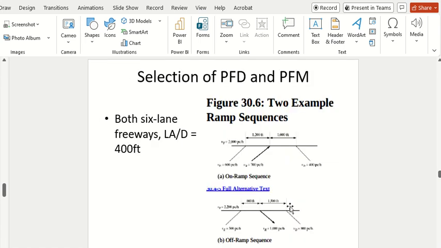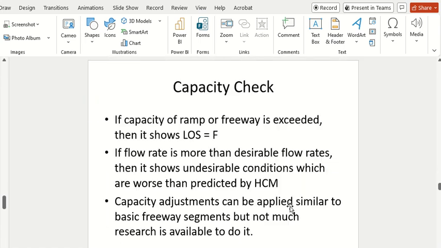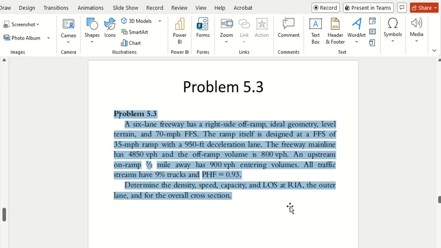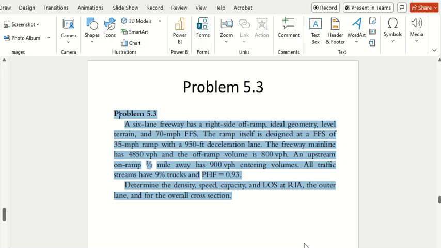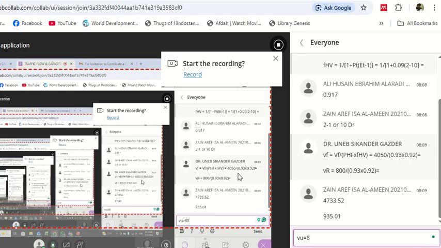Now the volume is given for the upstream ramp, and the volume is 800. So first of all, I will convert it to flow rate. Let me just take a look. 900, sorry, 900. The factors are the same because no change is given for it.